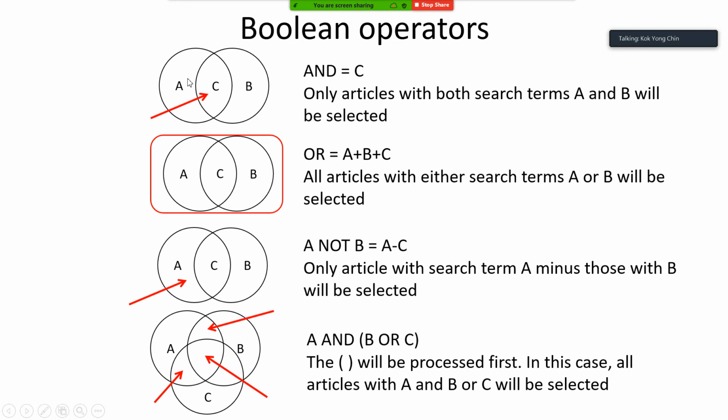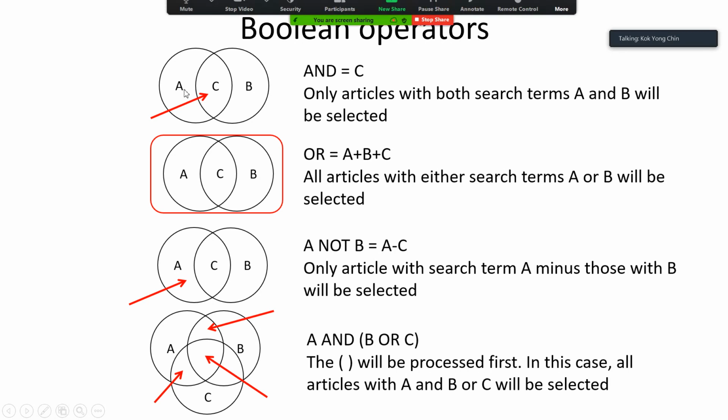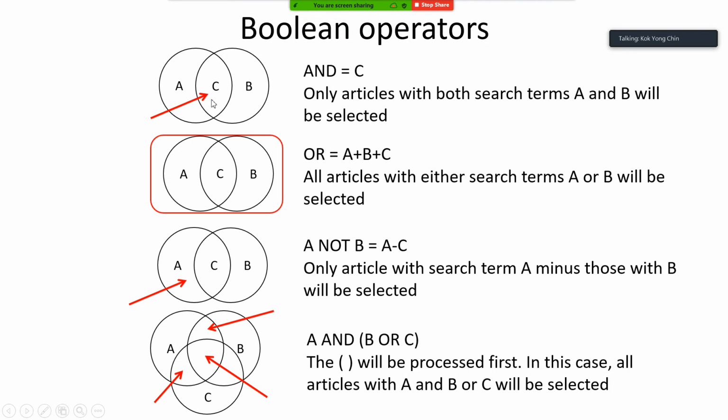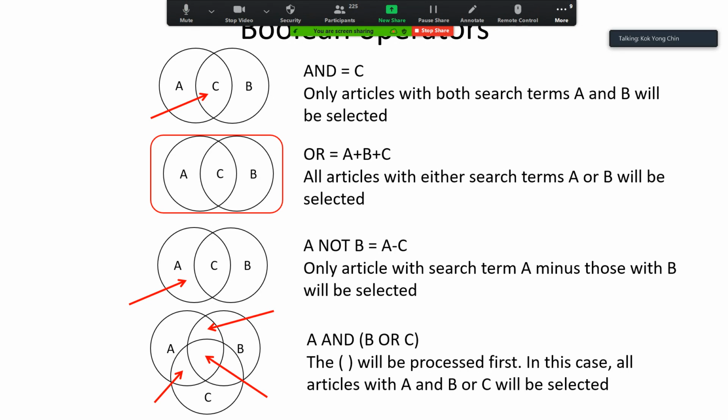If we want to illustrate using a Venn diagram, you put A AND B. A AND B will only yield the result in C, meaning that let's say you search vitamin E AND osteoporosis, only articles containing both keywords will be shown. It must contain both keywords at the same time, then it will be shown.